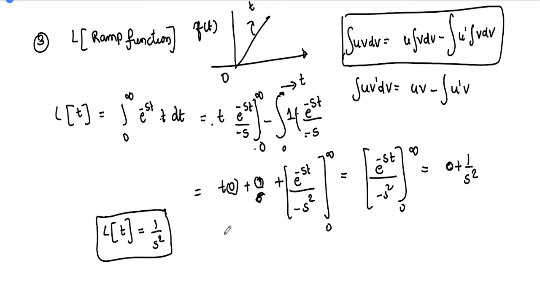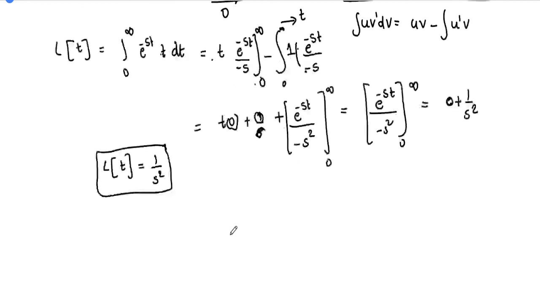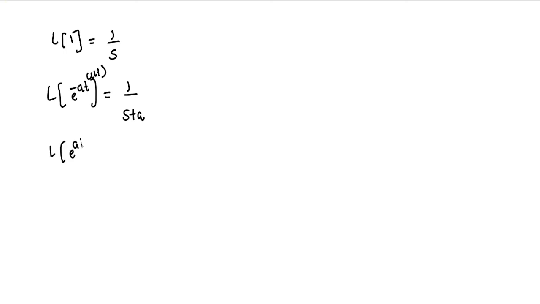So this is about the Laplace transform of different functions, and you should know the formulas. The Laplace transform of 1 is 1 by s. The Laplace transform of e power minus at u of t, this is also very important, is 1 by s plus a. The Laplace transform of e power at is 1 by s minus a.